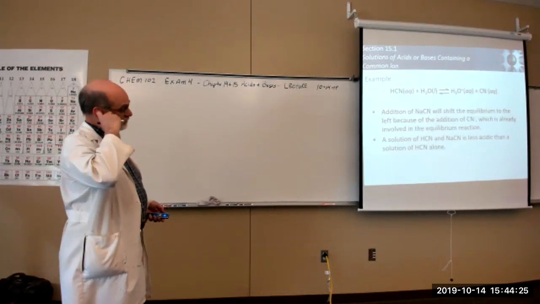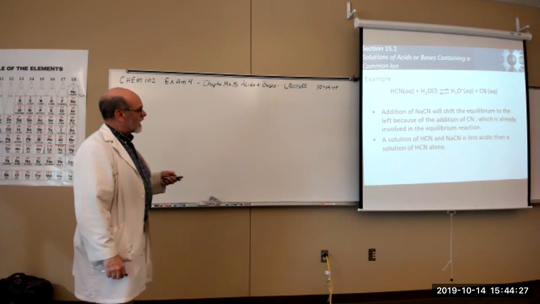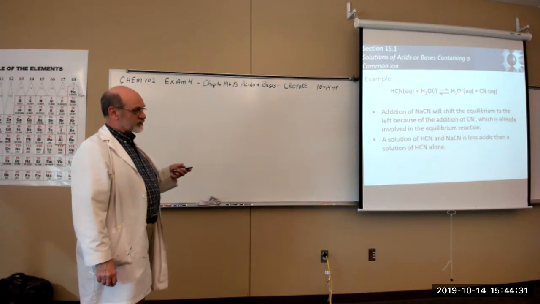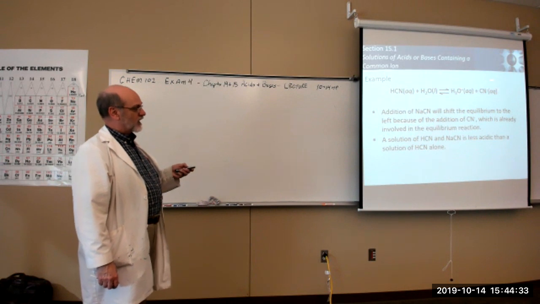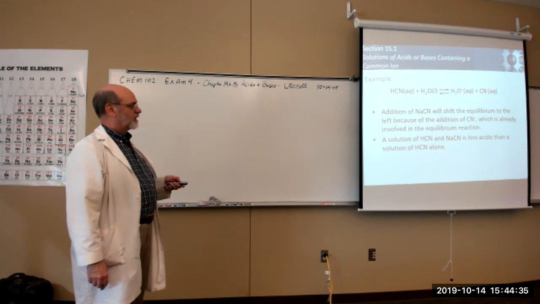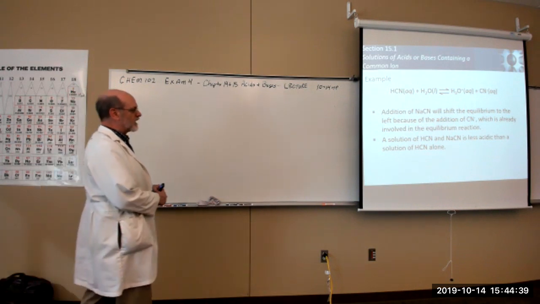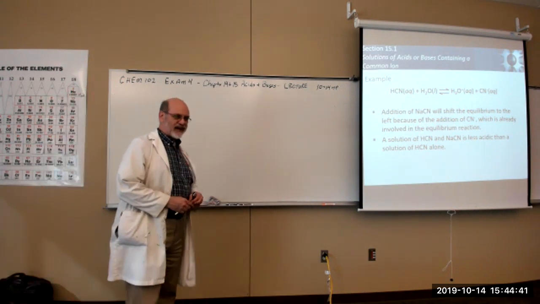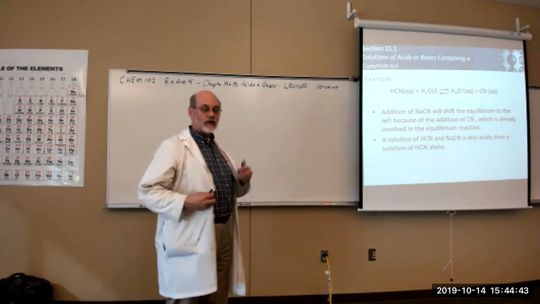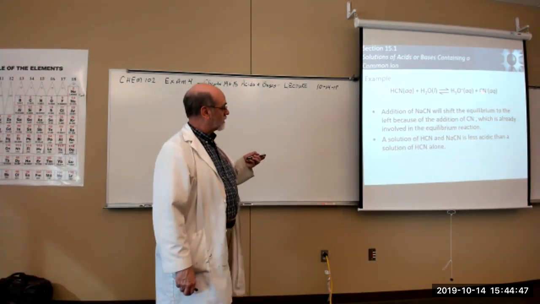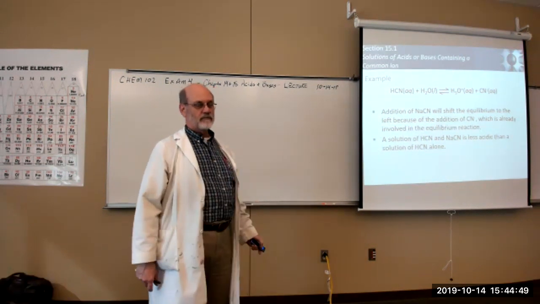So let's try this one. Suppose we have hydrocyanic acid in aqueous solution. It produces some hydroniums and a cyanide ion. Okay, what will happen to the equilibrium if we add sodium cyanide? Well, look for the common ion, right? Is there a sodium anywhere in here? Nope.